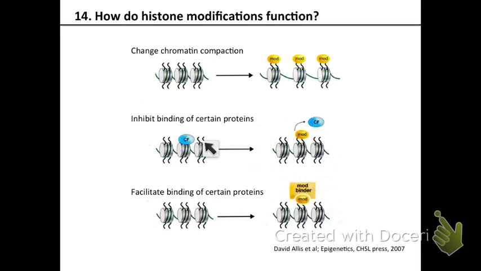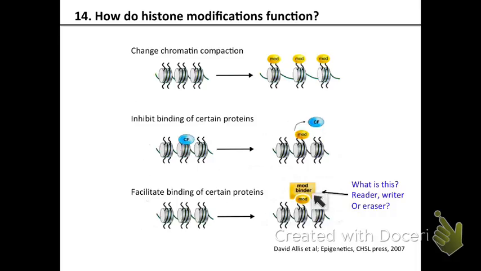So in that case, these kinds of modifications can kick out a protein that's bound to chromatin, right? Or it can actually facilitate binding of certain proteins. In this case, the modification helps a certain protein to bind to chromatin. So now we just learned reader, writer, or eraser.